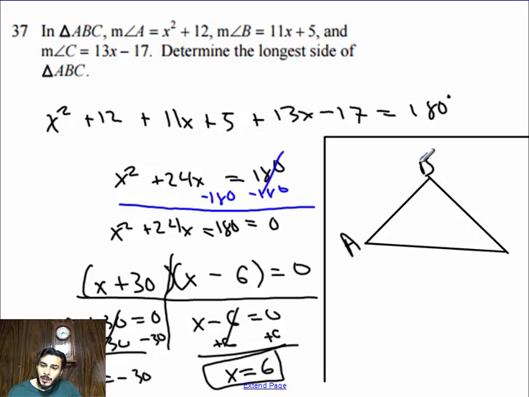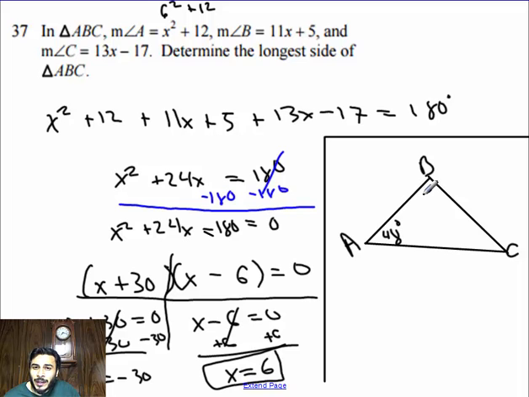If you draw the triangle and label the vertices and then label the angles, you'll get something like this or something close to it. Angle A will measure 6 squared plus 12. That's going to be 36 plus 12, which gives you 48. So angle A is 48 degrees.